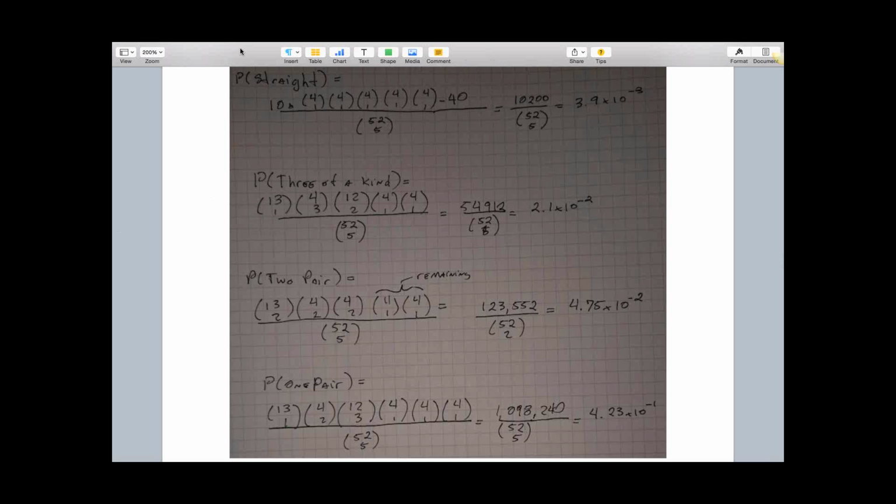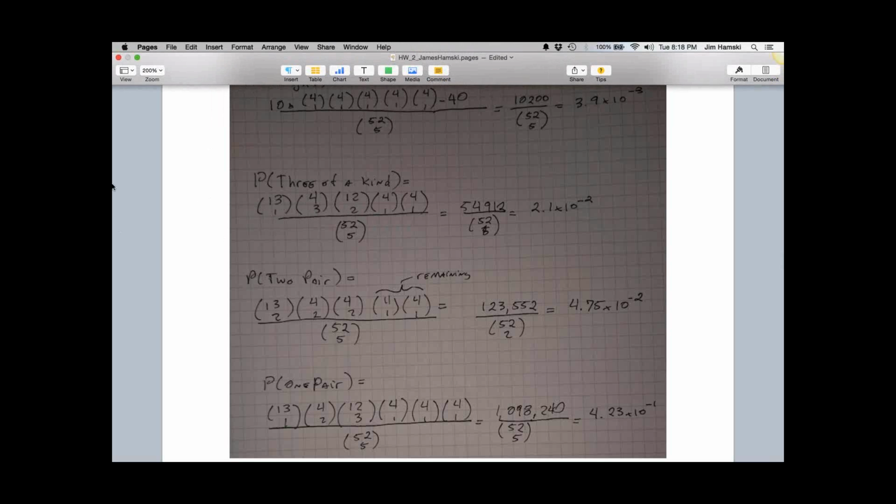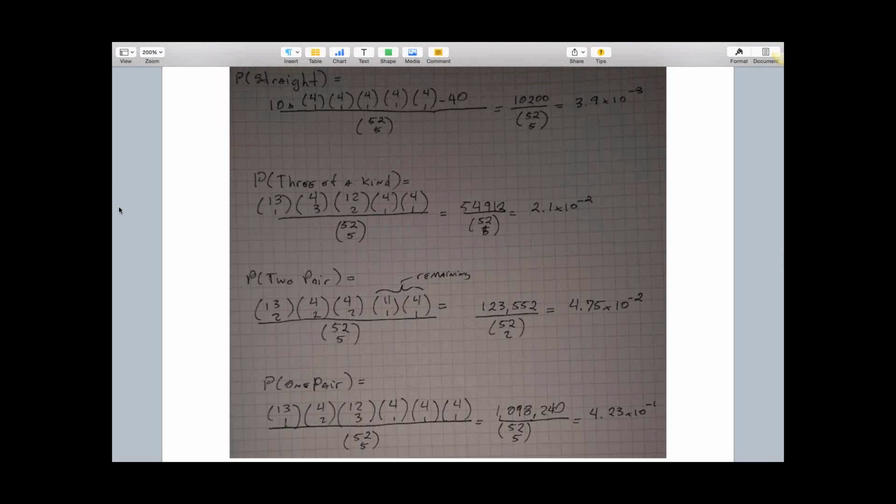Another way maybe to look at that would be I can choose any one of the remaining 48 cards, like you were saying, right? But then that last card that I draw, I don't have 47 choices again. Now I only have 44 choices, right? Because once I draw that 5 of hearts, I can't draw any of the 5s again. So now I can't draw the kings and I can't draw the 5s. So an alternative way to put this together might be to say 13 choose 1, 4 choose 3, 48 choose 1, and then 44 choose 1.